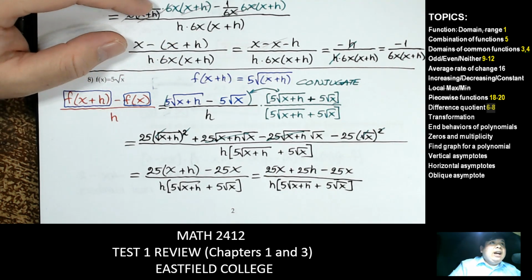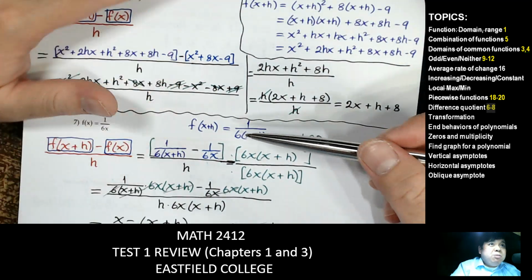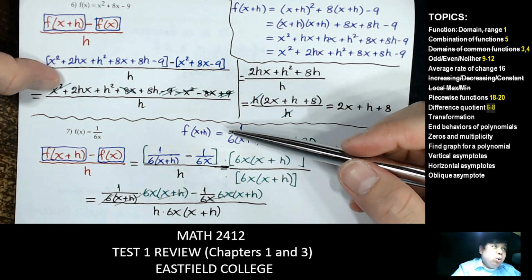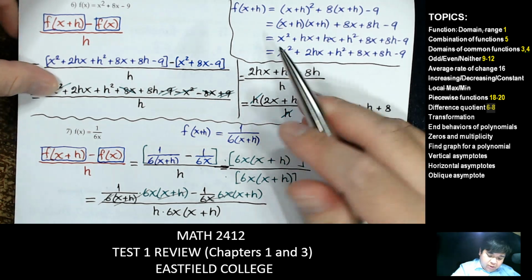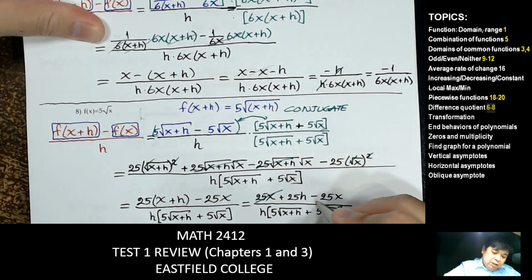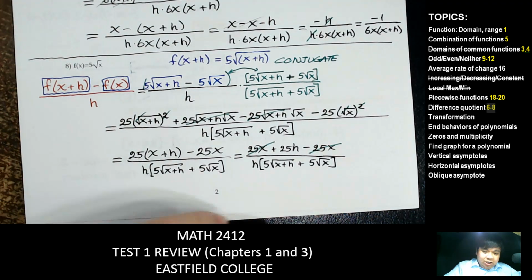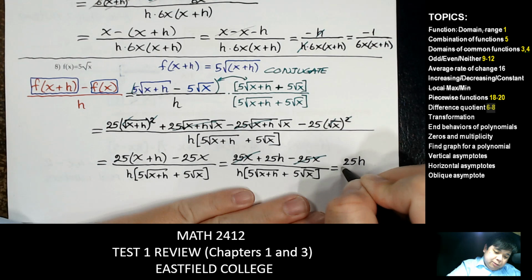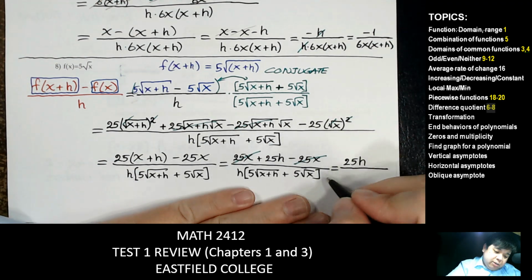Right. Now that's just like what we have earlier. Anything that doesn't have an h will get cancelled. So cancel those two, they have no h. That leaves us with this.